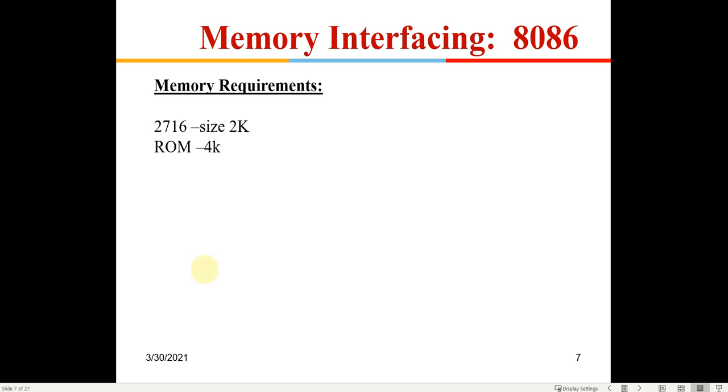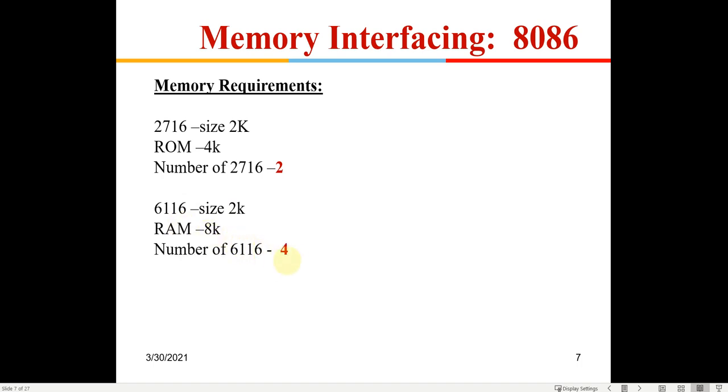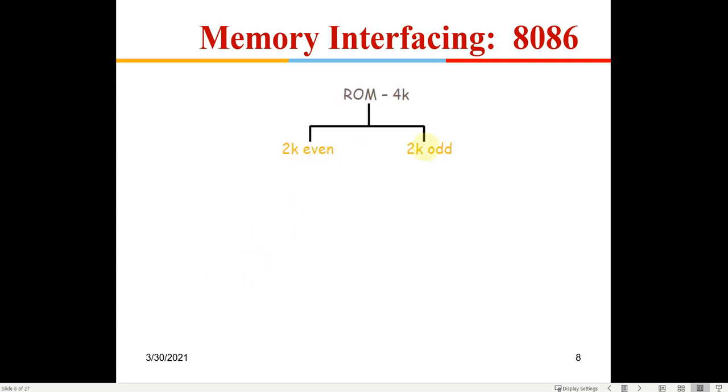Since we require 4K of ROM, we will have to use 2 such chips, and since we require 8K of RAM, the total number of chips required will be 4. This is the same as 8088; the total requirement is the same, only the way it is organized is slightly different.